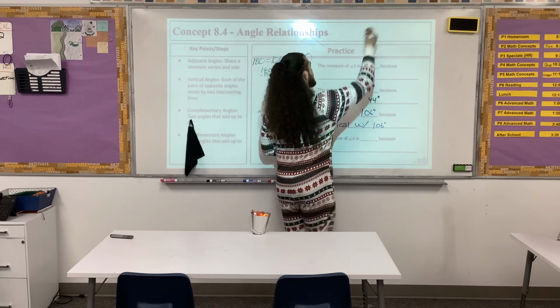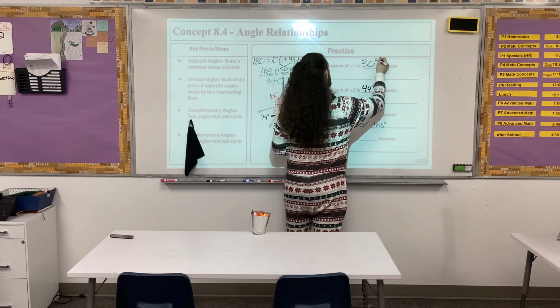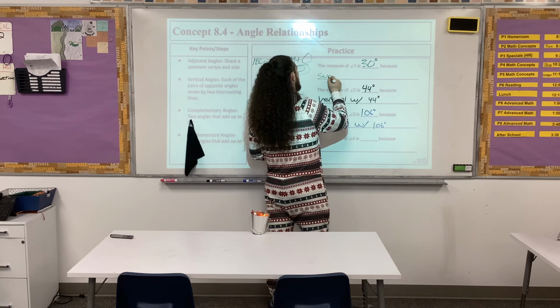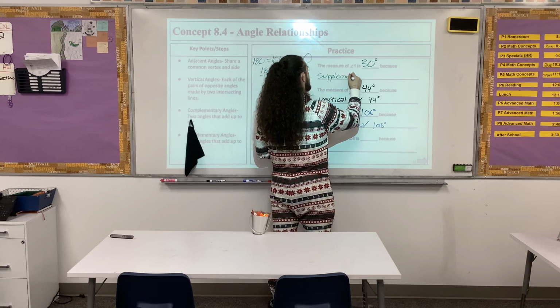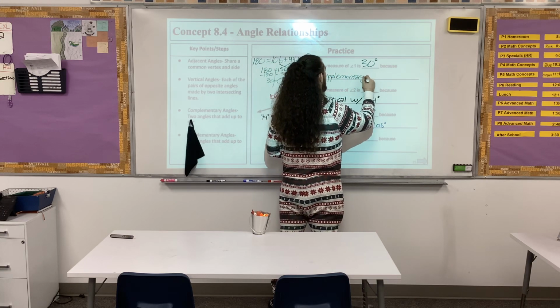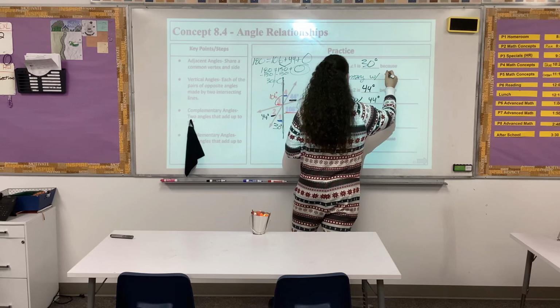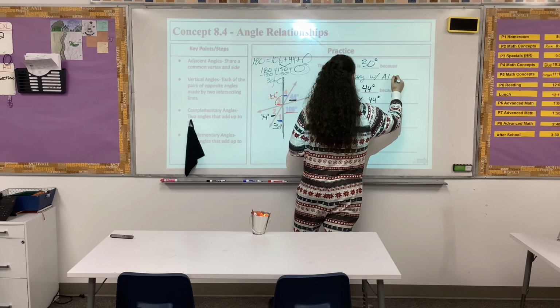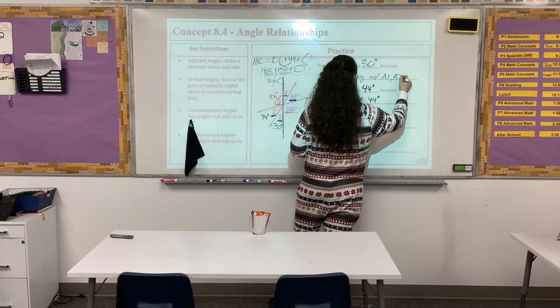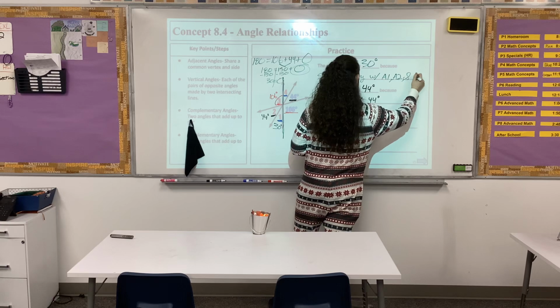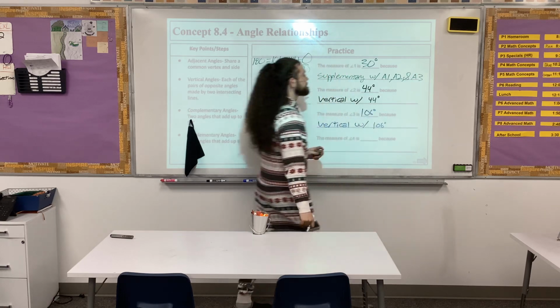The measure of angle 1 is 30 degrees because it is supplementary with angle 2 and angle 3. Wonderful.